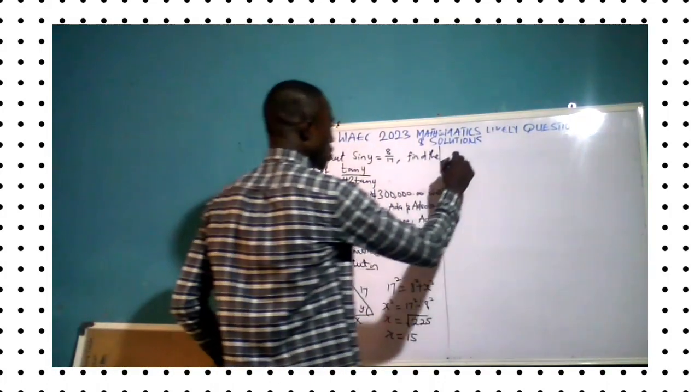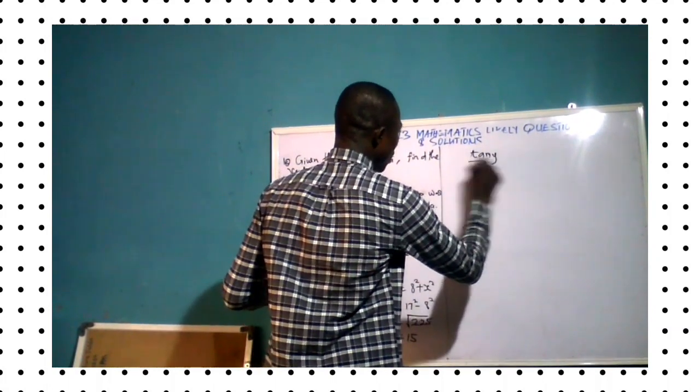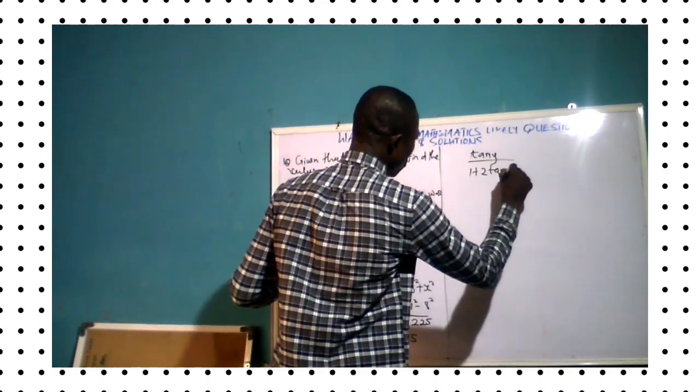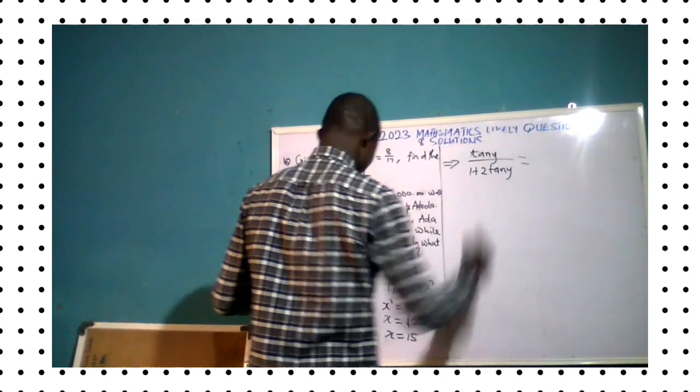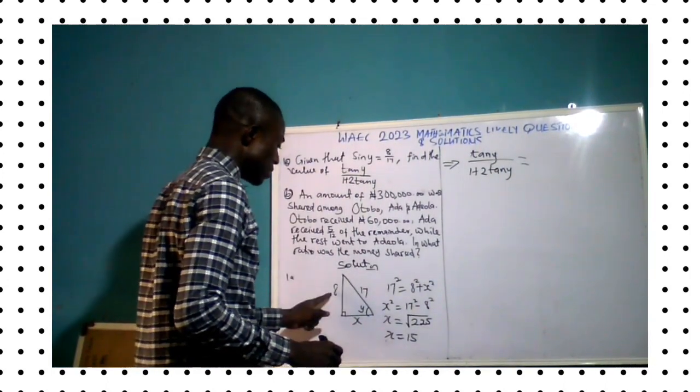And so you have tan y over 1 plus 2 tan y. Tan y is equal to what? Opposite over adjacent, that is 8 over 15.